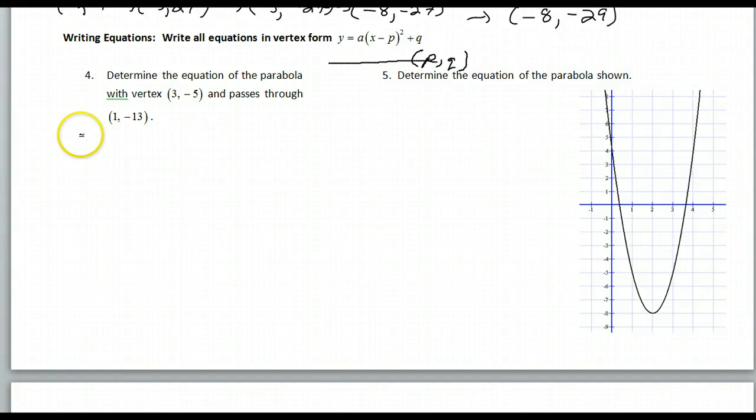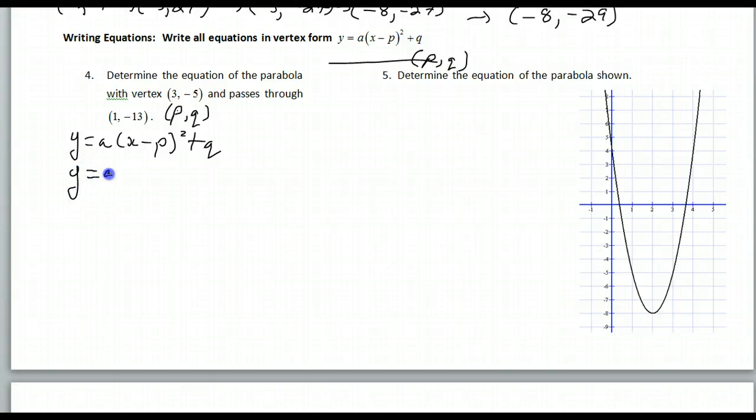First, determine the equation of the parabola with vertex (3, -5) and passes through (1, -13). So with the (3, -5), we have values for p and q. We have the equation y equals a(x minus p) squared plus q. We can substitute in for p and q.